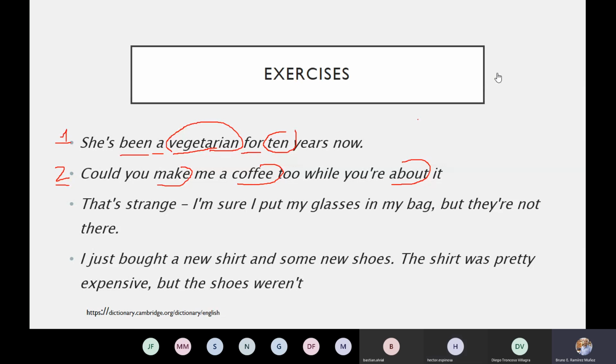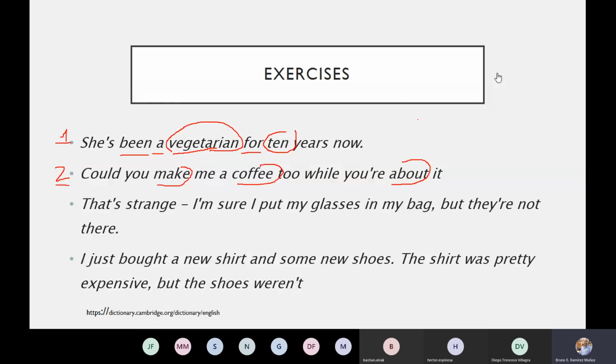I put my glasses, put on the shirt... I think that's an action, right? Put it there. It's a verb, exactly, put. So sure, put, glasses, and bag are content words, so we have to use a strong form.